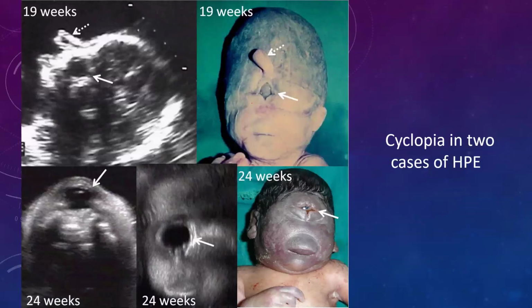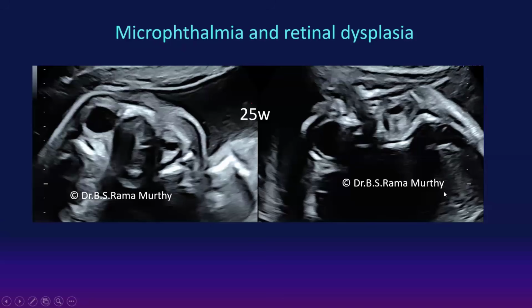The most severe spectrum of hypotelorism is where the two orbits fail to cleave and you have one single midline orbit and a proboscis above it. That's the proboscis, that's a midline single orbit, and that is what we classically call a cyclops. This cyclops again is classically seen in the holoprosencephaly spectrum of cases.